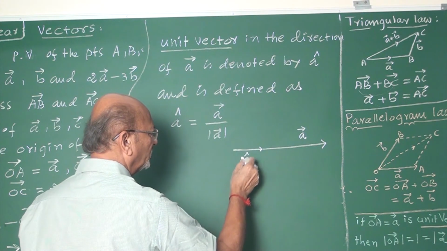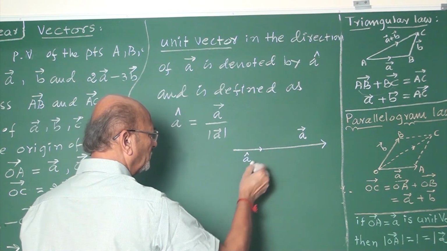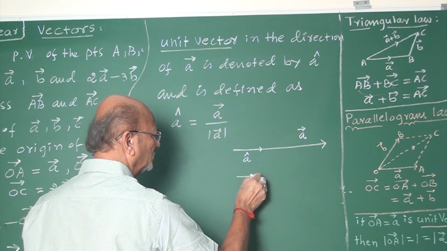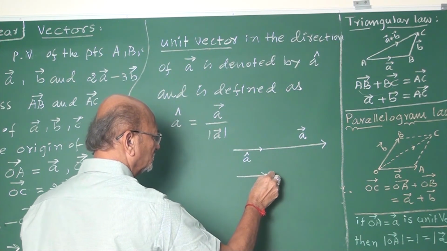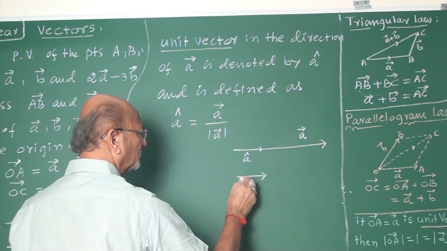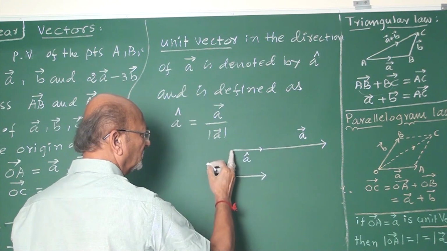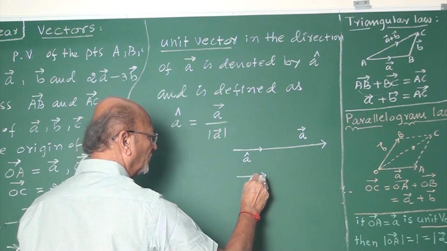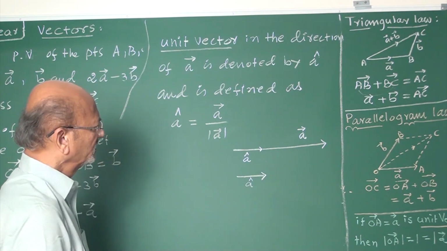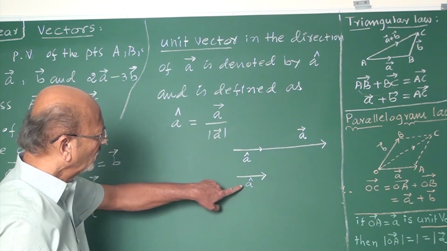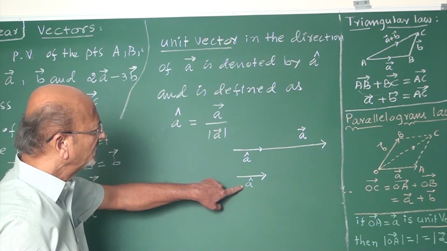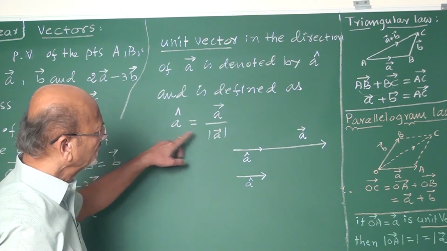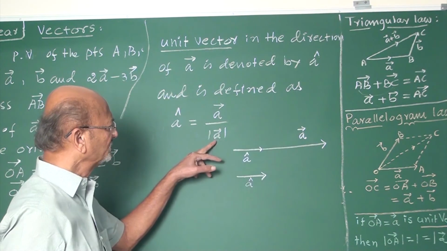Maybe along, even this A cap may be parallel to A. This is the unit vector in the direction. Direction means maybe along or maybe parallel to vector A. What is the definition? This A cap is vector A divided by its magnitude.